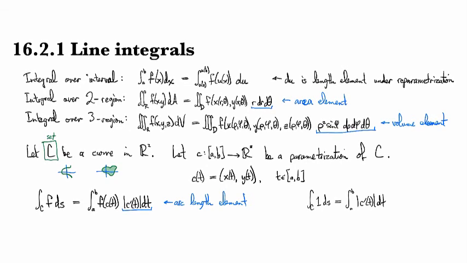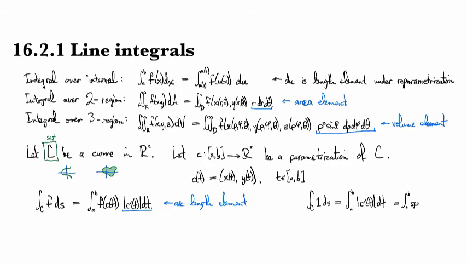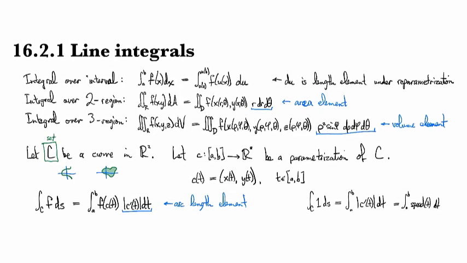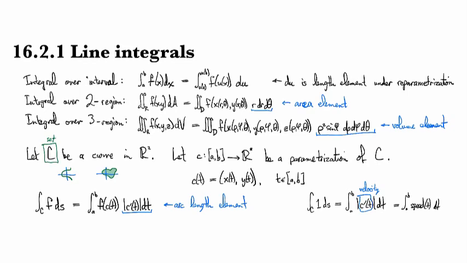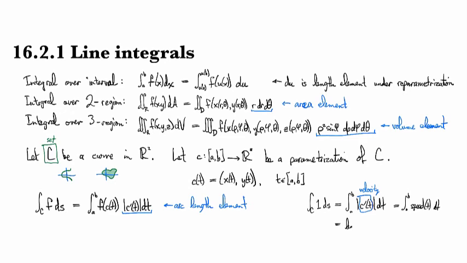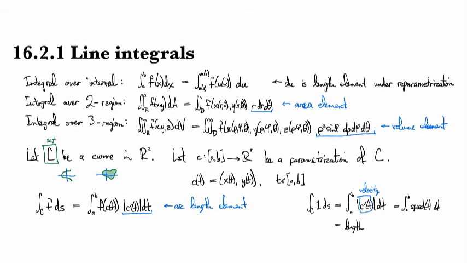So now, what is this? This is the integral of the speed that you're going at time t times dt, right? Because this part right here is the velocity and speed is the magnitude of velocity. So this is just going to be a setup for the length of the curve c that you travel down.